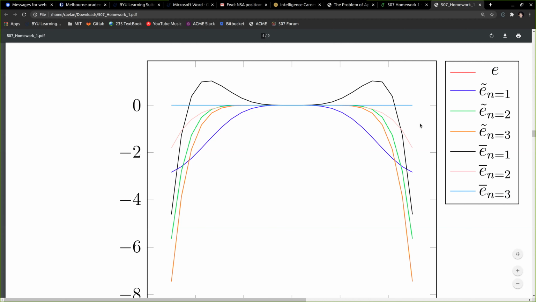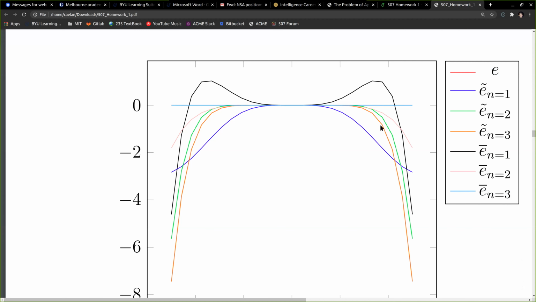And then blue, that's 1 point, and then yeah. Okay. So the tilde is the analytic or the approximate, I believe. Yeah. So that makes sense. That seems reasonable.